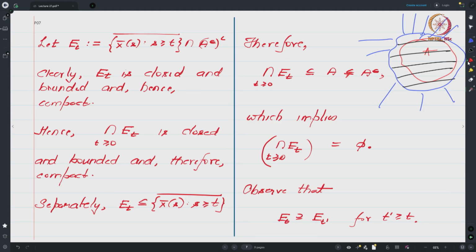Okay. So, the idea is the following: this fact implies that your intersection of Et, t greater than or equal to 0, is a subset of A epsilon complement, because in every Et you have this set over here, and hence Et is a subset of A epsilon complement, and hence the intersection of Et is also a subset of A epsilon complement. Maybe I will write this properly here.